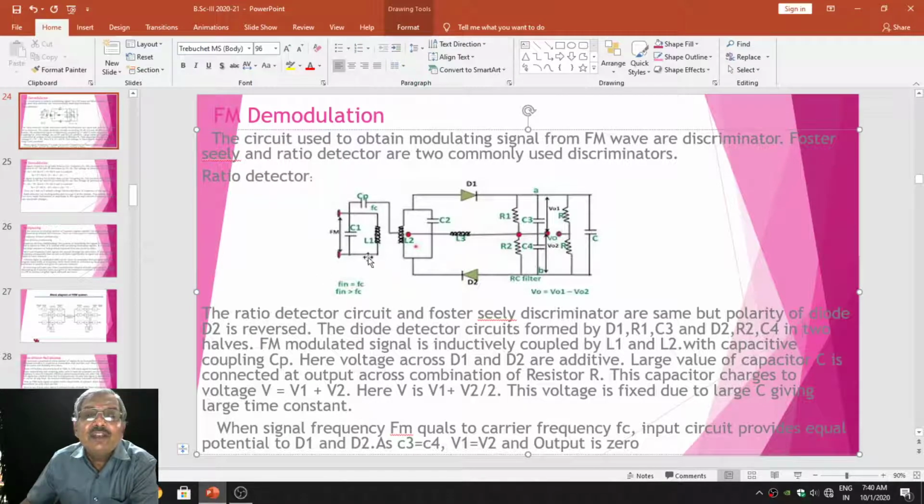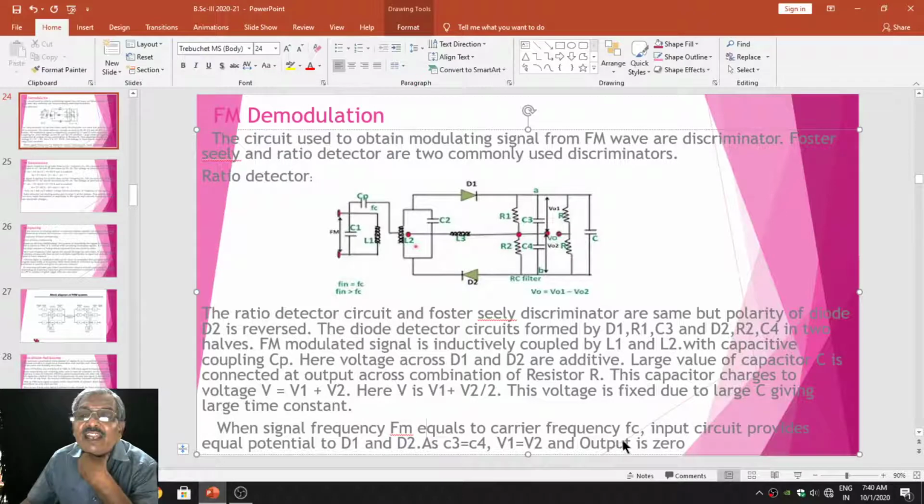Now let me apply the conditions. When signal frequency FM equals carrier frequency FC, meaning when F in is equal to FC, the input circuit provides equal potential to D1 and D2. Then the potential across D1 and the potential across D2 are equal.